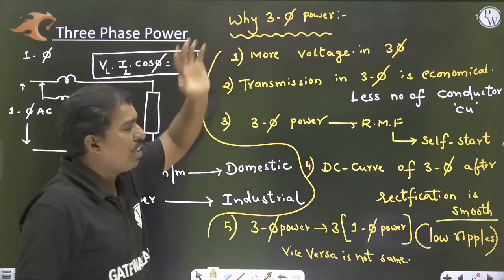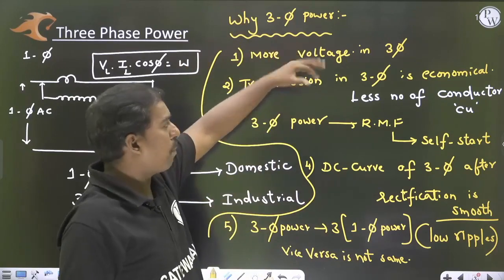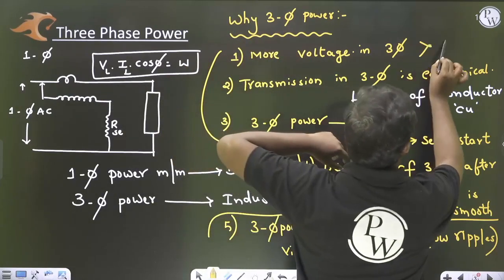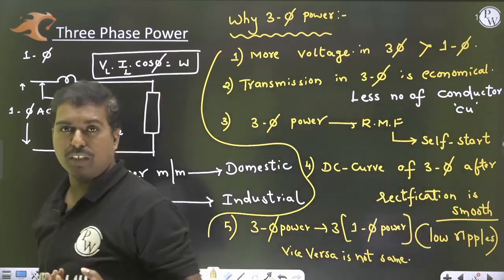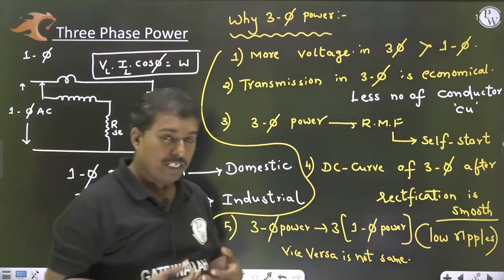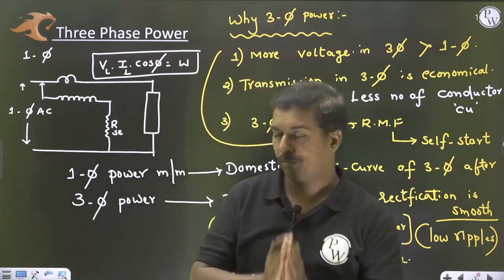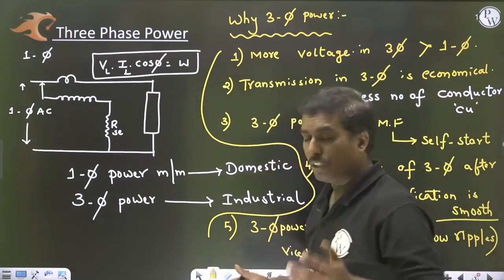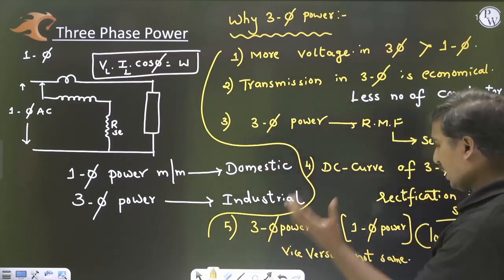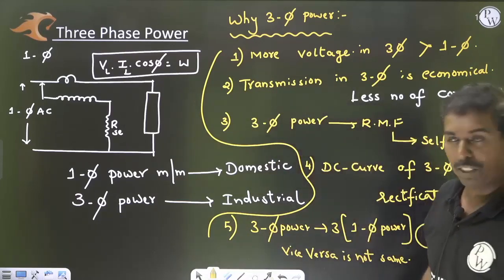The reason is that three-phase power is comparatively greater than single phase, yes or not, the voltage magnitude you are getting is more than single phase. Next, transmission in three-phase is economical, which I already told you, and I have explained the advantages of three-phase power.